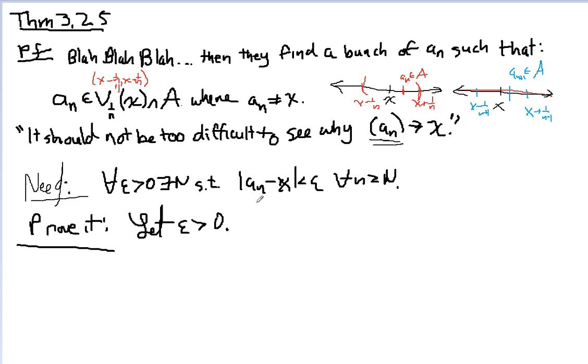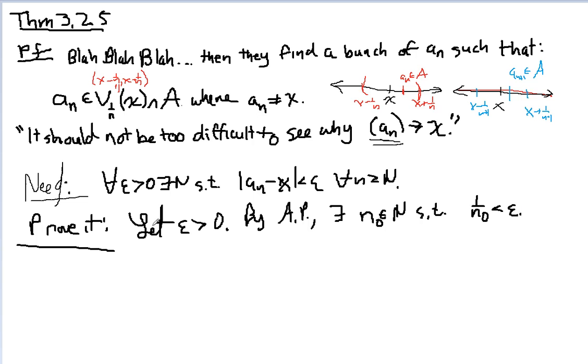And then by the Archimedean principle, there exists, let's call it n naught, a natural number, such that 1 over n naught is less than epsilon.